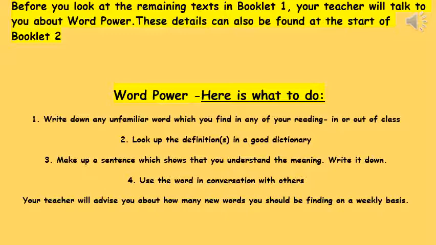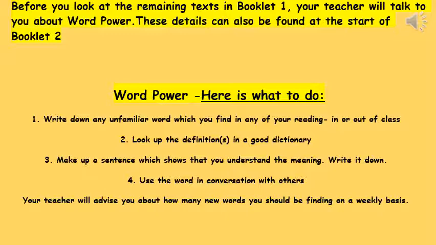Some classes have a set target, maybe 5 new words every week, and there's basically 4 stages. First of all, as a result of your personal reading, write down any unfamiliar word which you find. Secondly, look up any definition or definitions in a good dictionary.